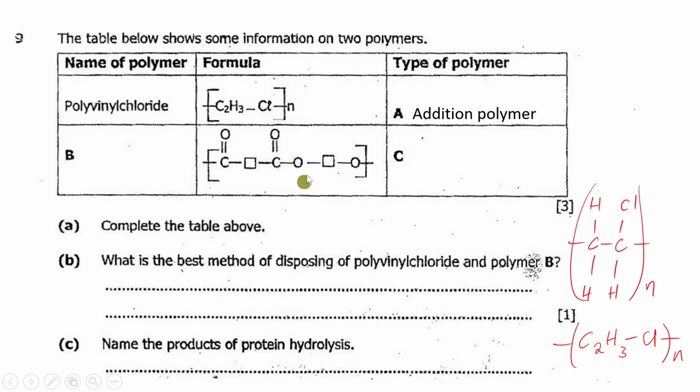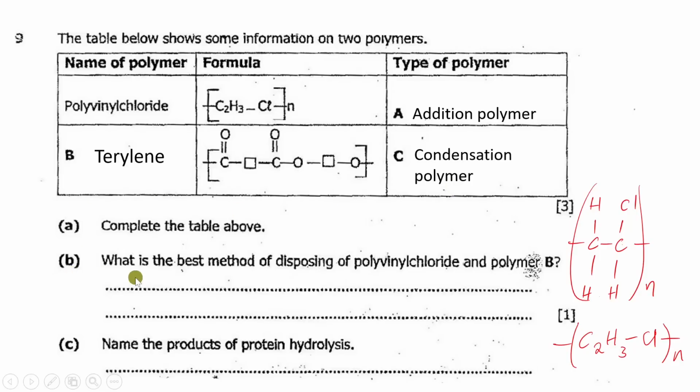So if it is an ester link, then this macromolecule here should be polyester. The type of polymer which polyester is, is a condensation polymer. So that is the answer, because A said complete the table and we have completed.